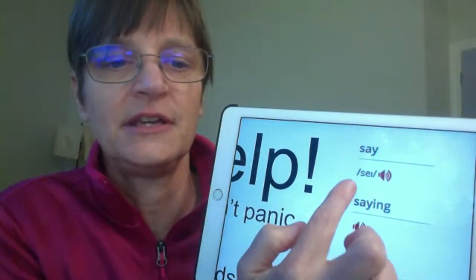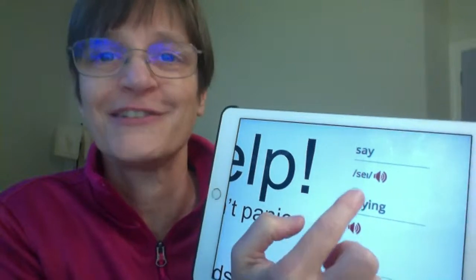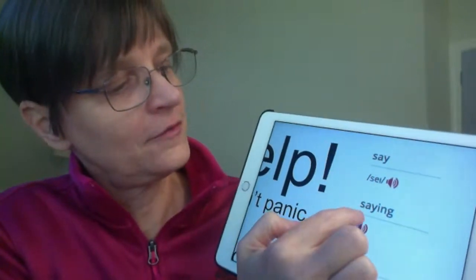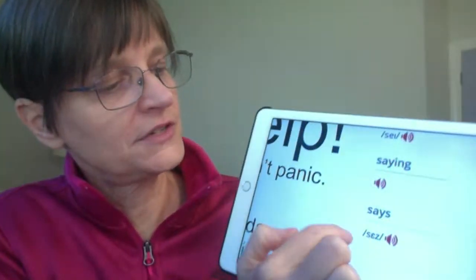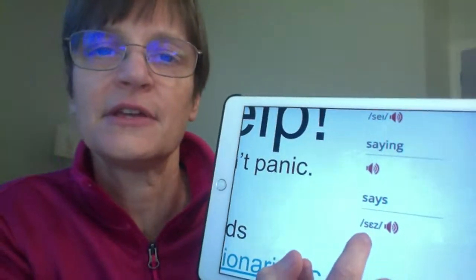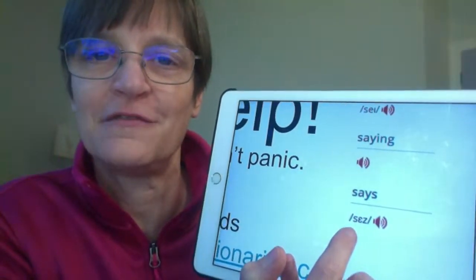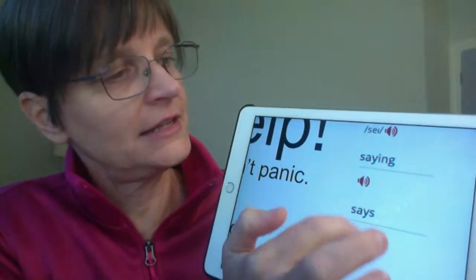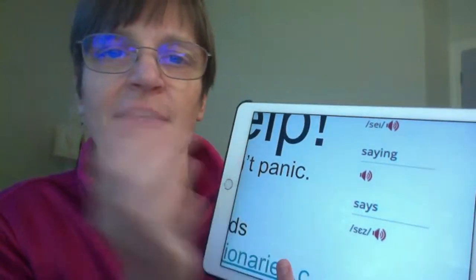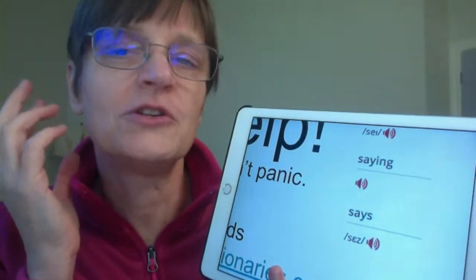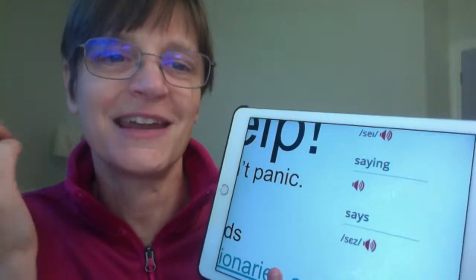So for example, in the word "say," I can see the American A, two sounds, versus in the word "says," here's my symbol for the red tent vowel. And I can listen to "say" and listen to "says" and begin to develop my ear to notice that as I'm speaking and as I'm listening.